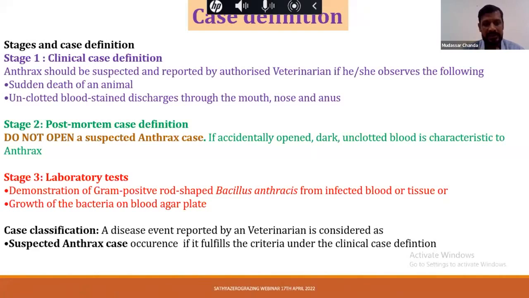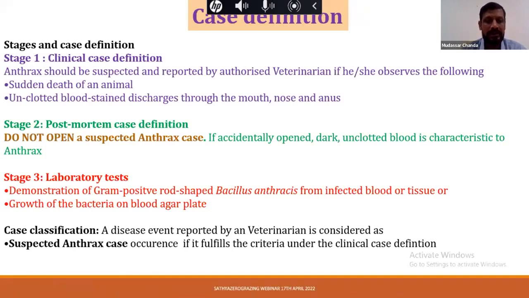With these criteria, which are stage 1, stage 2, and stage 3, if you visit a village and collect the information, you can classify the case and record it in a one-page format and say that this is a suspected case of anthrax, if it satisfies the clinical case definition. That can be done at the field level. I think everybody agrees with that point.